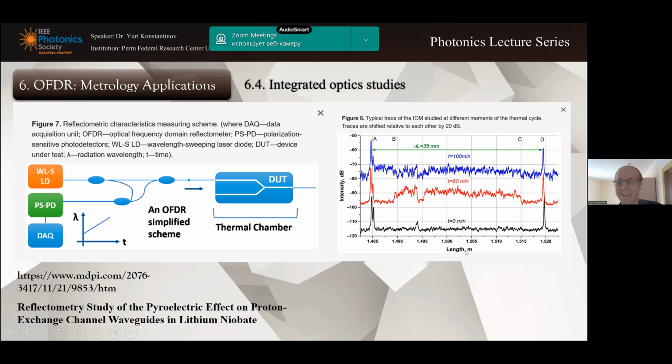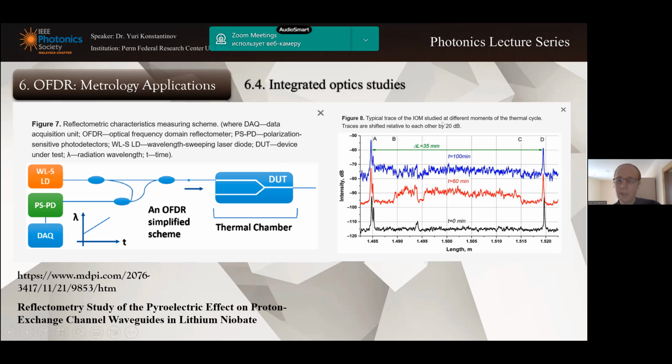Sorry, no, sure, it's a typo. The length of this modulator is about 5 centimeters, and we have tested this in the thermal chamber using the OFDR, and we used the setup organized as a Michelson interferometer.